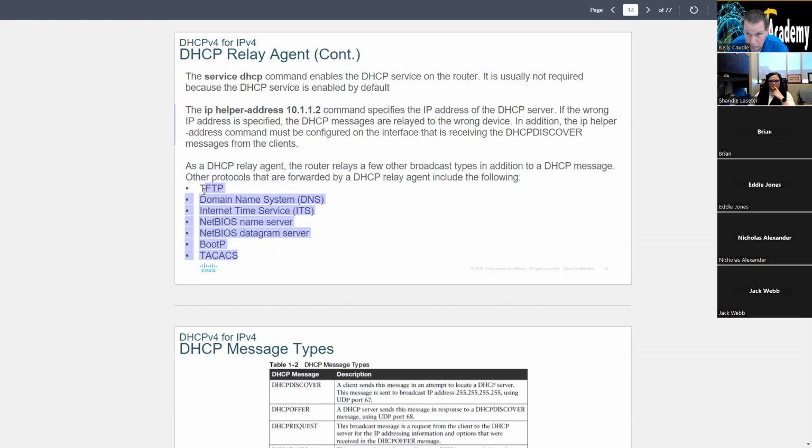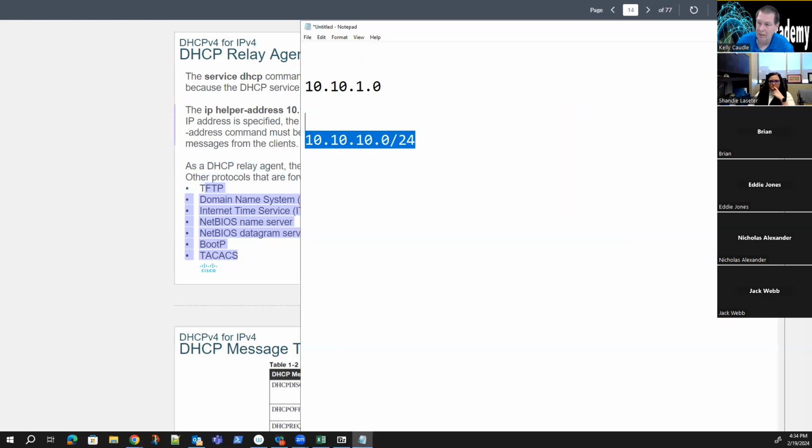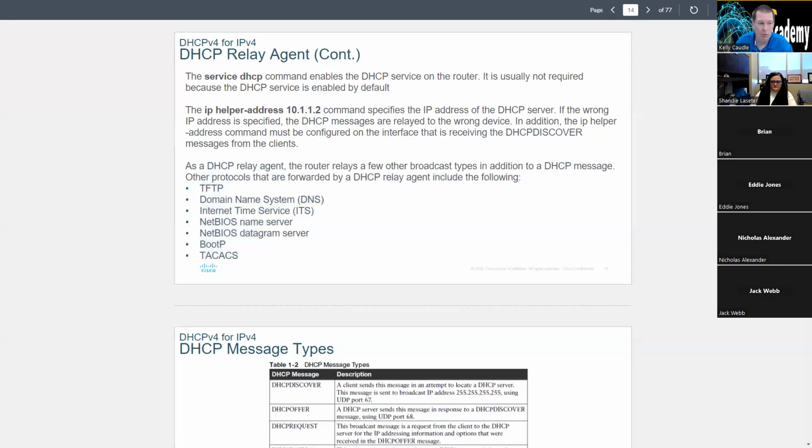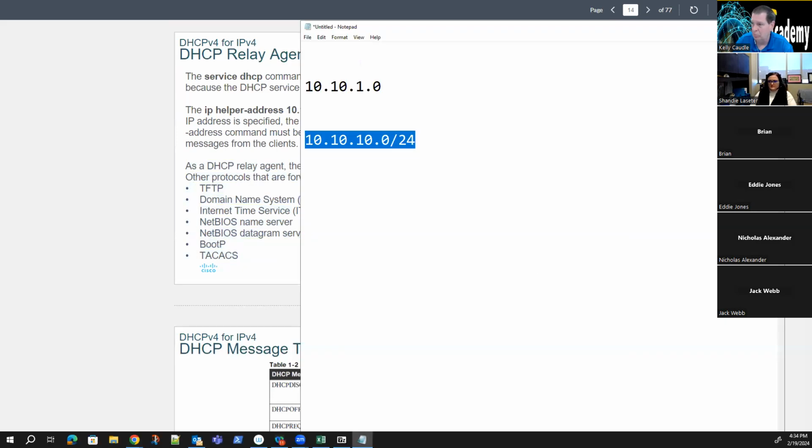DHCP? There is a command, and now I've had limited success with this command, even though it is in the iOS and it's supposed to work all the time. But that command, there it is. It's called ip dhcp-server, and then whatever the IP address is.